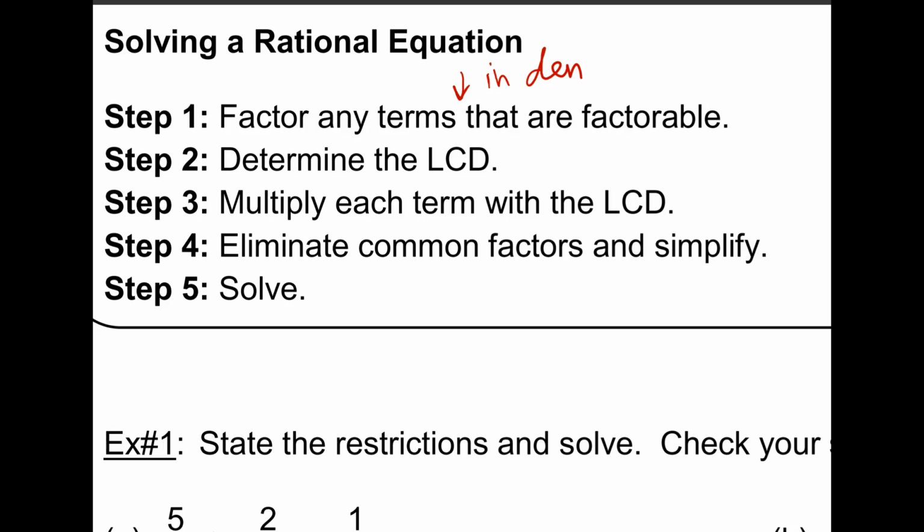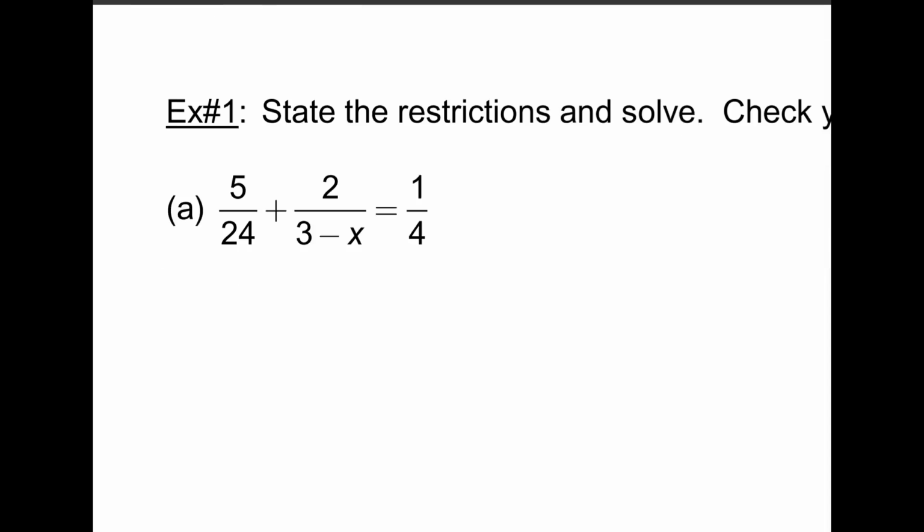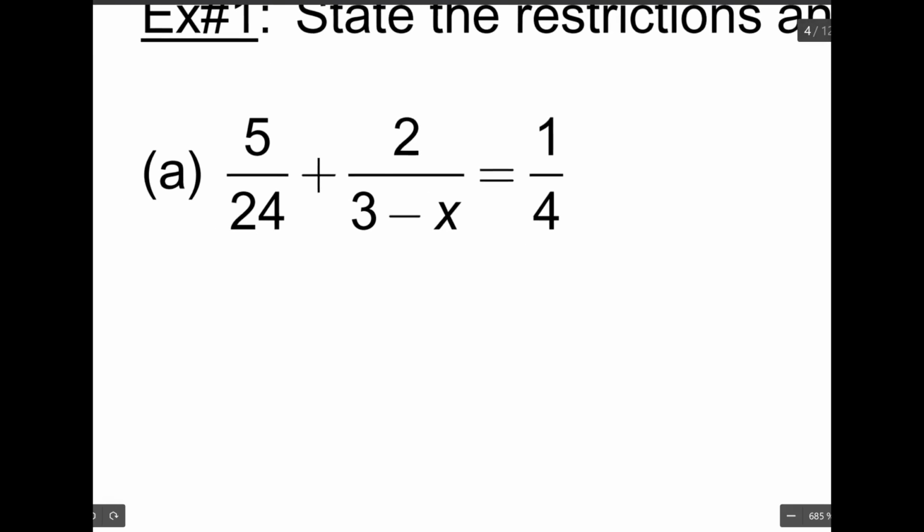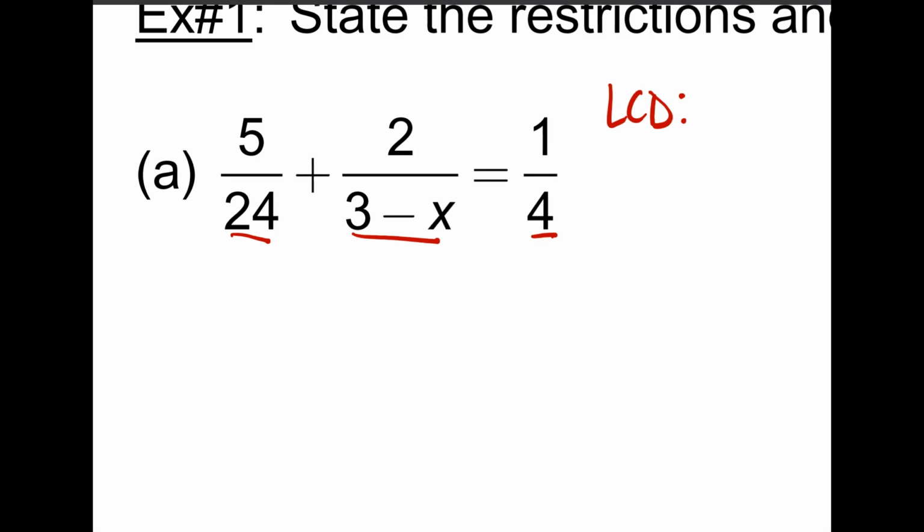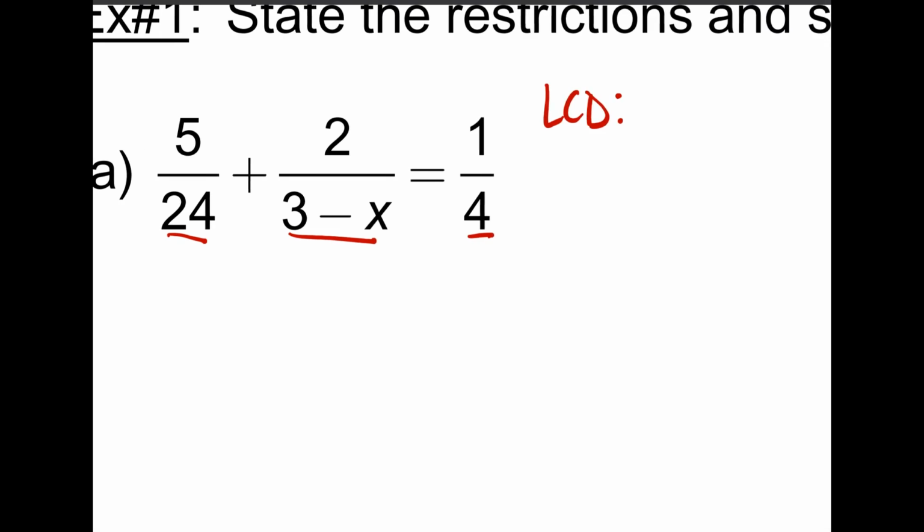Okay. First, factor any terms that are factorable. Are there any terms in the denominator that are factorable? Nope, nothing. So our three terms in the denominator are 24, 3 minus x, and 4. What is the least common denominator? Well, I have a 3 minus x, so it's going to be something times 3 minus x.